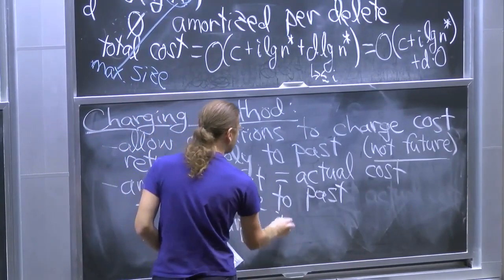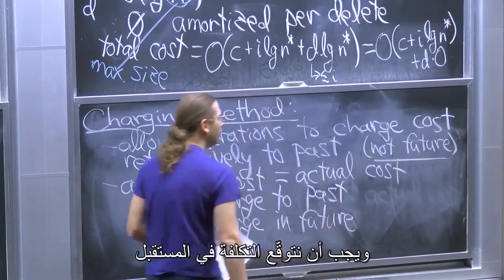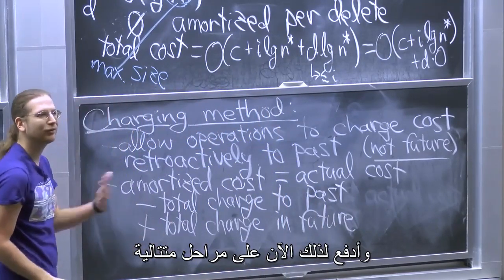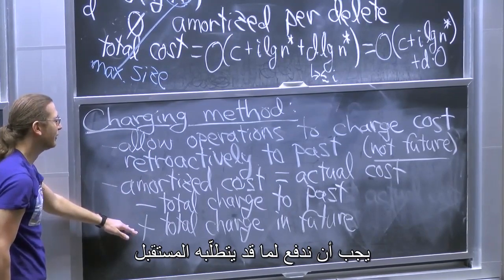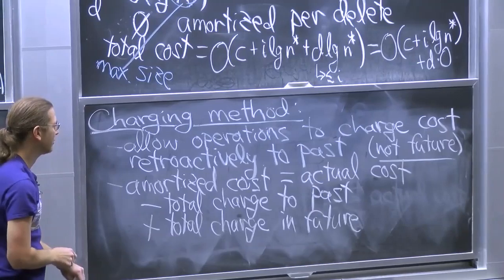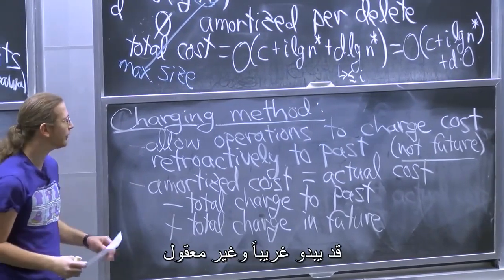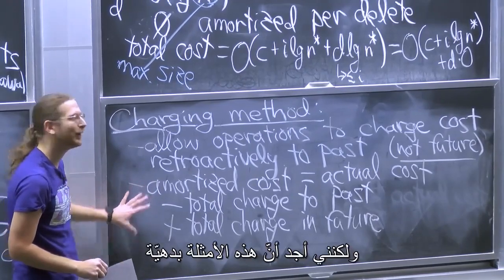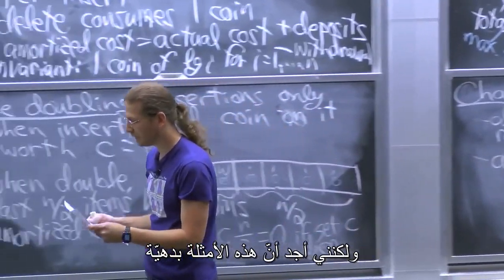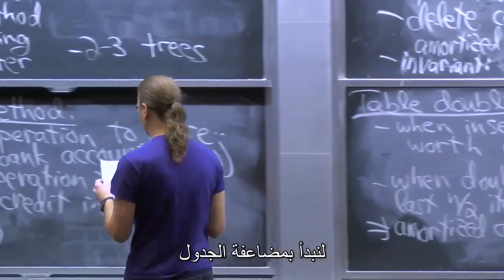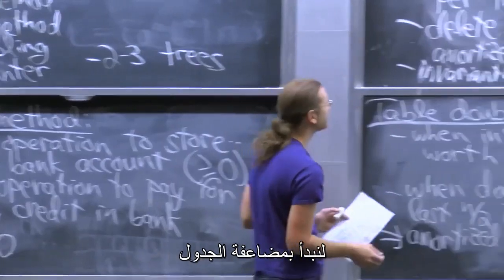So we have to imagine how many times could I get charged in the future. I'm going to have to pay for that now in a consistent timeline. You will have to have paid for things that come in the future. All right? So let's do an example. Actually, it sounds crazy and weird, but I actually find this a lot more intuitive to think about even these very examples. So let's start with table doubling.